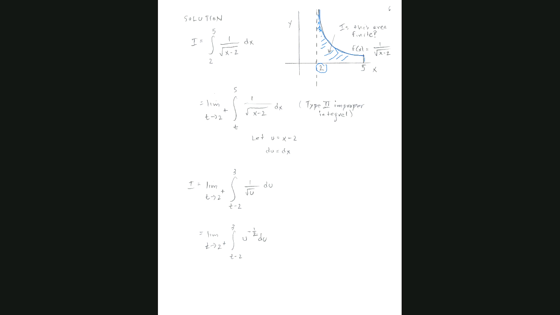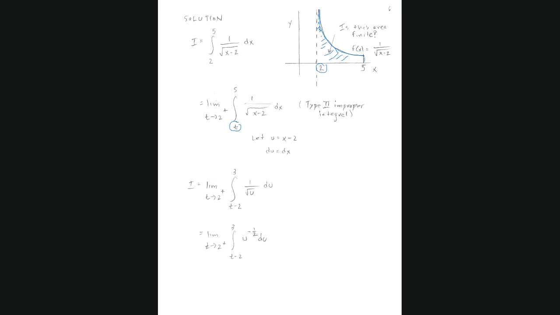And just like with the other improper integral, when we evaluate the integral, we have to have defined limits where there are no asymptotes. So I'm going to replace the 2 with a t, and t is not going to equal 2.